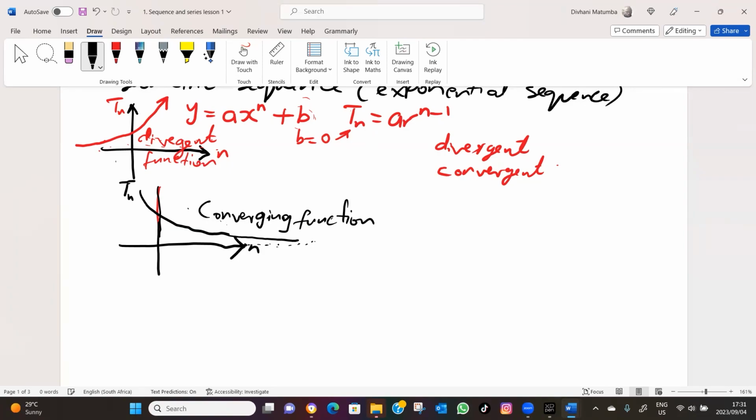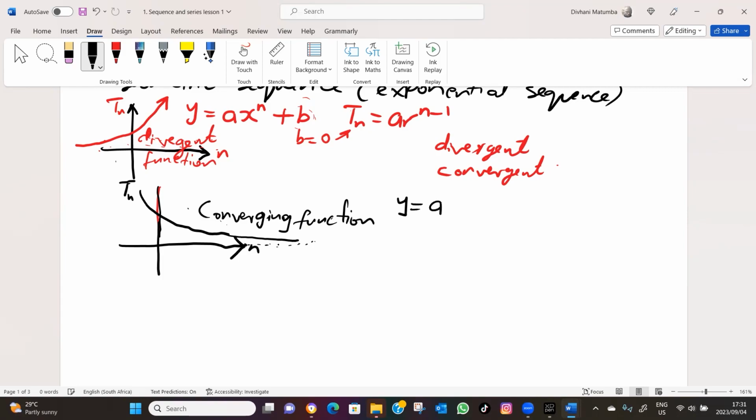So that's why we call this function a converging function. Normally a converging function will be in this form.